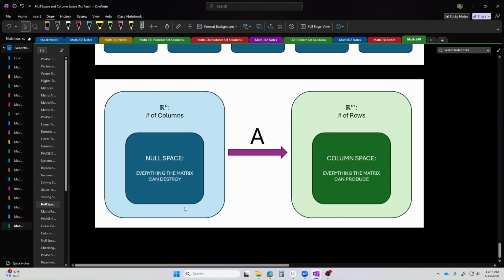The null space are vectors that are being affected by the matrix A. Whereas here in the codomain, which is determined by the number of rows, the column space is a subset of that codomain. The column space is everything that the matrix is actually capable of producing. So the column space is about outputs, whereas the null space is about inputs.